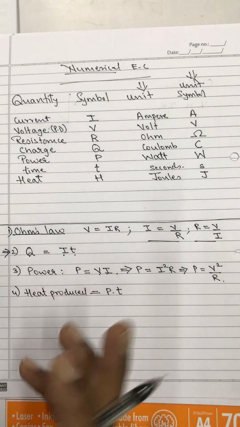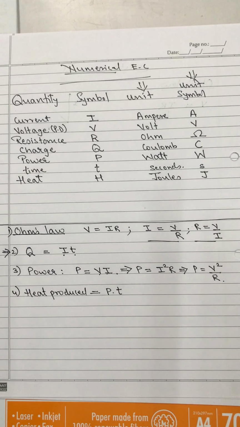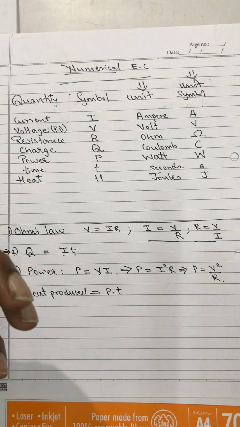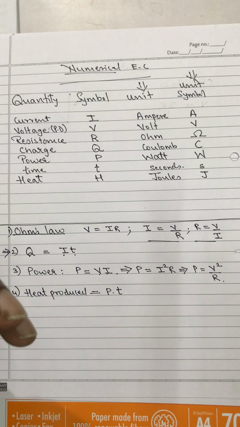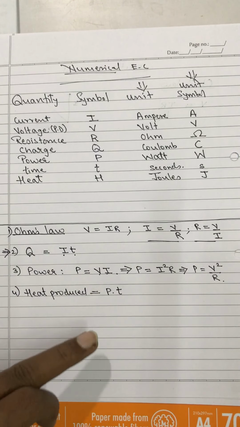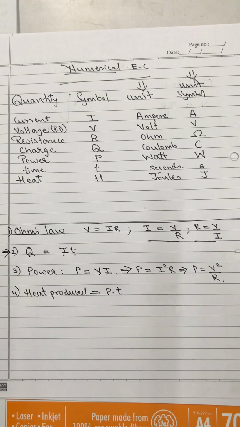Any device, any bulb, how much heat it produces will depend on two factors: the power of the bulb, what is the wattage, say a 50 watt bulb, and for what time you are glowing it. On these two things the heat will be produced. One is power and one is time. So that's why heat produced is equal to power into time.